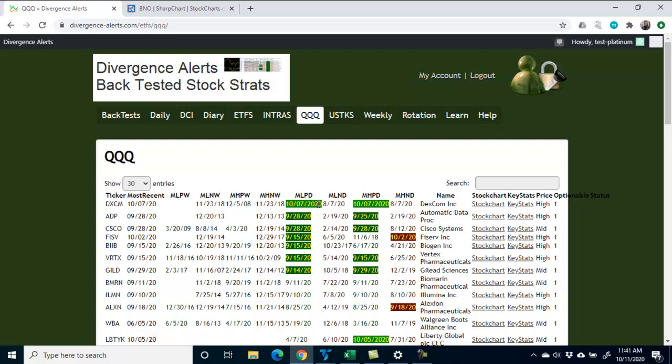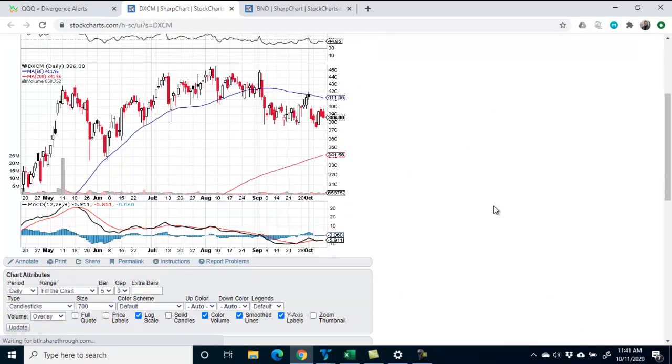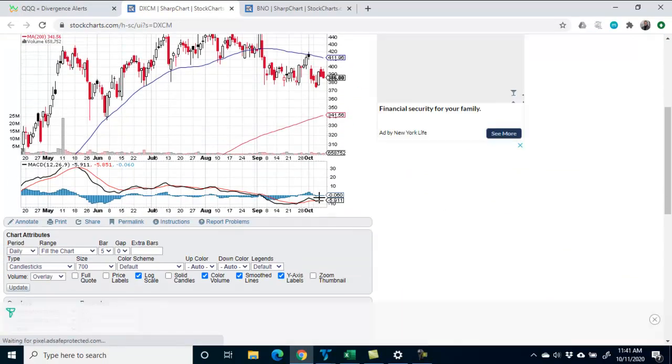And so we can take a look at, say, DXCM. If we want to know more about this, we can take a look at its stock chart and see that it's got that positive divergence signal happening.